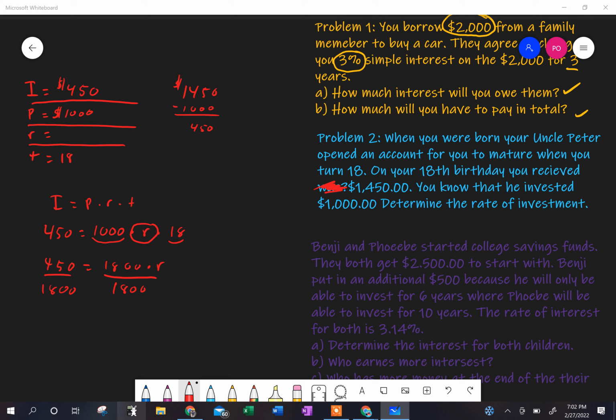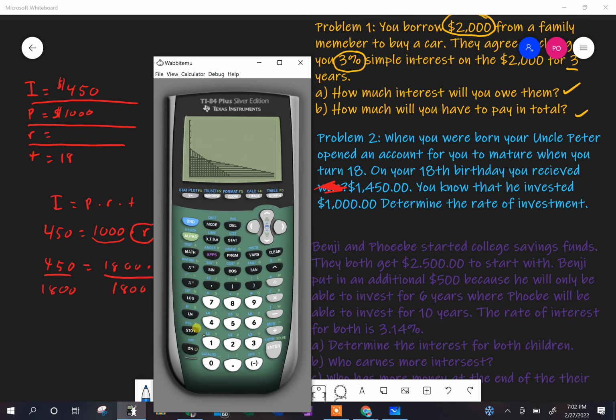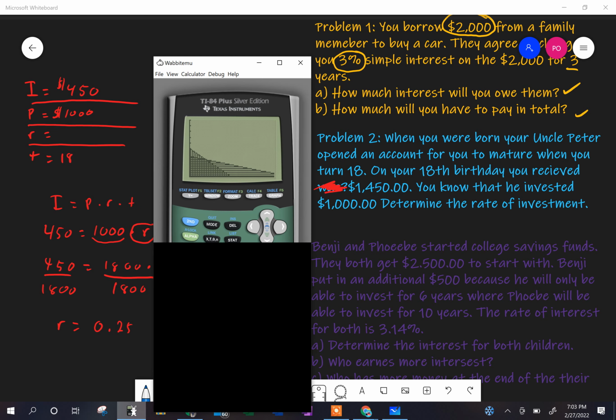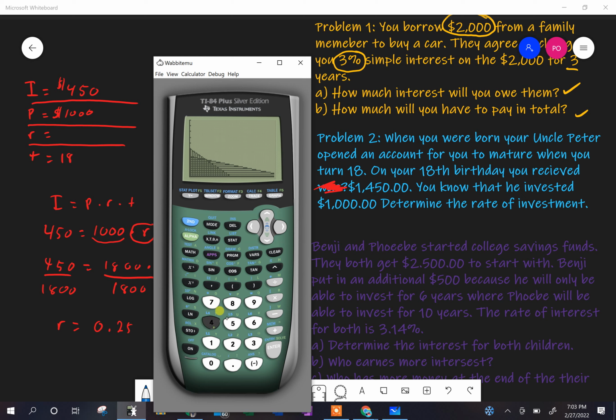Let's see what I get. 450 divided by 18,000.